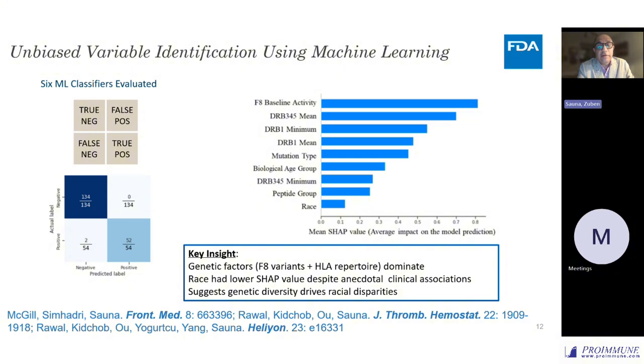And that is because, in my view, many of the specific attributes of race are already incorporated into these genetic factors, which are actually better predictors than race per se.